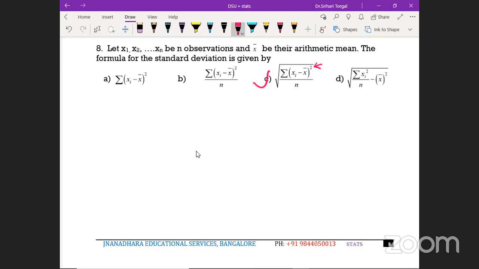Or if they ask variance, then option B would be the right answer, right? 1 by n is missing. Square root of sigma xi square by n minus x bar square is there. Actually, option B can also be the answer, xi square by x bar square divided by n. So we have one more formula.